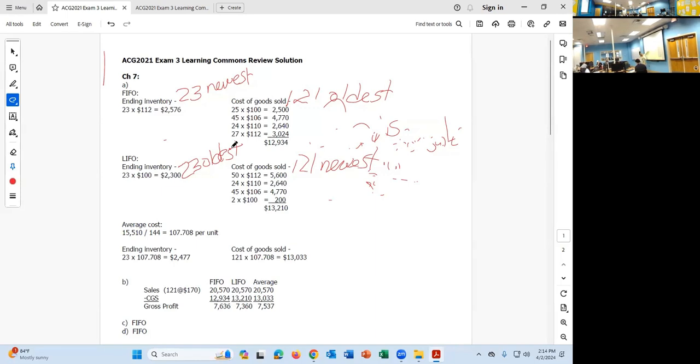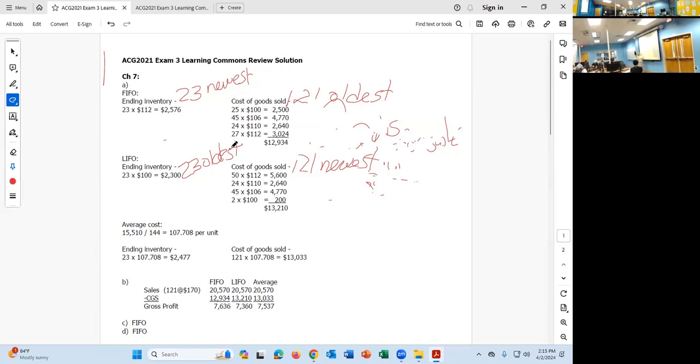So most companies are going to use one of those two, but there is a third option, because some companies say these layers are annoying and I don't want to deal with all these different layers. I want to just assign the same cost to every unit in my inventory. Rather than say some are $100, some are $106, just give them the same cost.